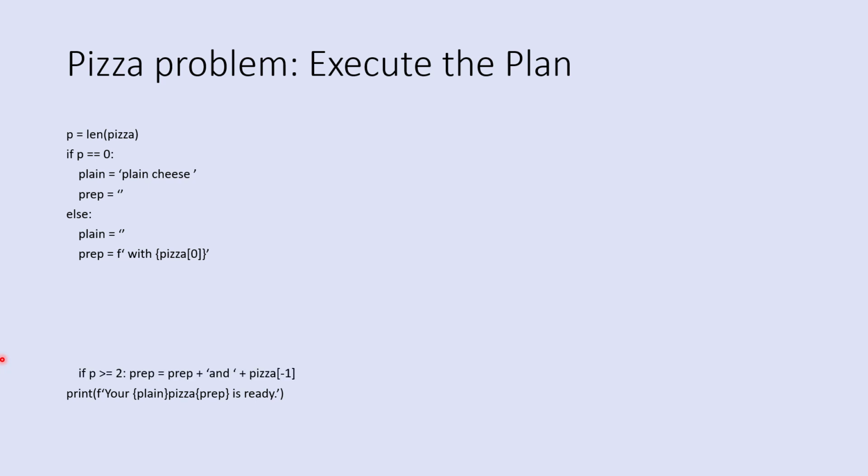But what happens if P is greater than or equal to 2? We want to add on to that. We'll add some other things. Maybe if there's just one extra topping, we would add your pizza with the first topping, and then the last topping is ready.